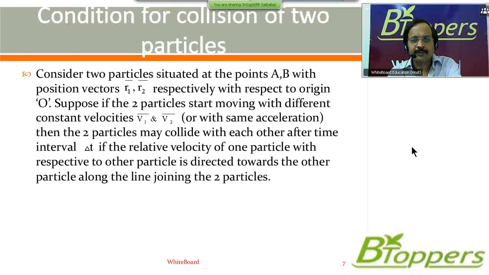Again, we discuss the same right from the beginning. You can see, consider two particles situated at the points A, B with position vectors R1 bar, R2 bar respectively with respect to origin O, that is shown in the figure.